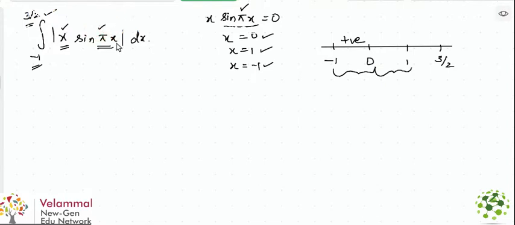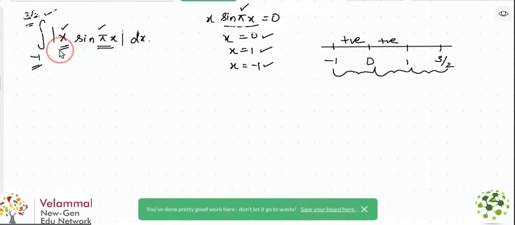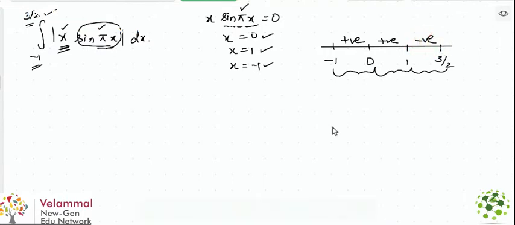When pi x is 0 to pi, it is actually first and second quadrant, sine is positive. Understand? And when I substitute any number in this last interval, x is positive and sine pi x will be from sine pi to sine 3 pi by 2, which means third quadrant. Third quadrant, you know, sine is negative. So now I know clearly when the function is positive and when the function is negative.